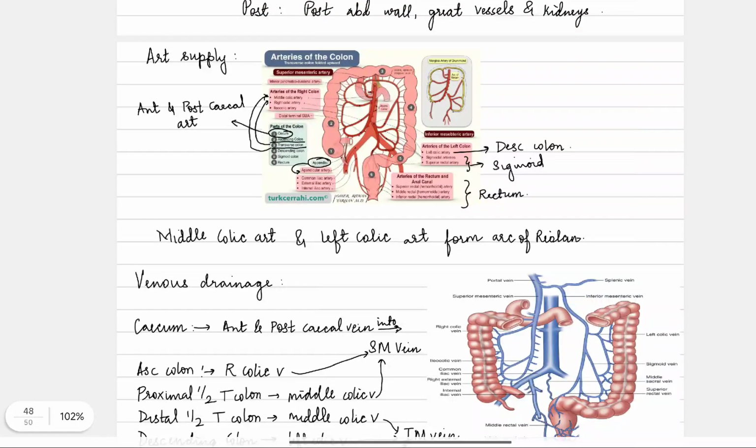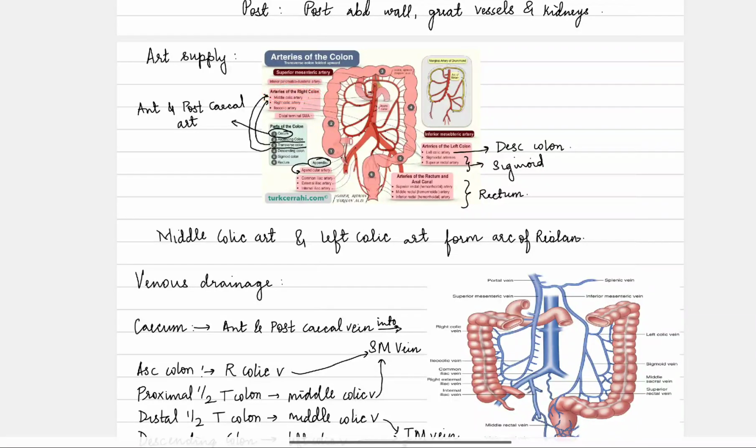Arterial supply to the cecum. It is supplied by anterior and posterior cecal artery. For appendix, there is appendicular artery. For ascending colon, it is supplied by right colic artery. Transverse colon by middle colic artery.